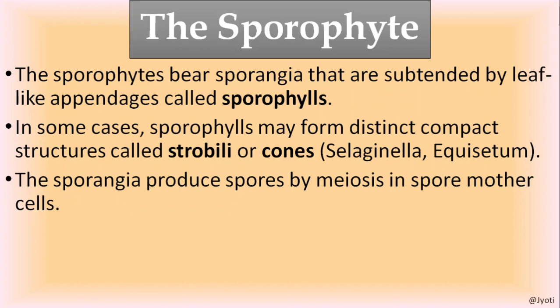So actually the sporangia contains a mass of cells which upon maturity are called spore mother cells, which are diploid. But each spore mother cell divides meiotically to form 4 haploid spores. So a large number of haploid spores are produced in a sporangia.